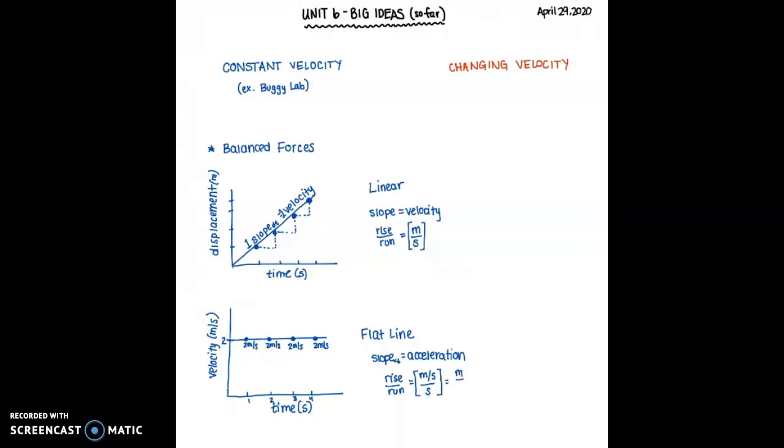Or this simplifies to meters per second squared, our units for acceleration. Notice here on our flat line graph, our slope is 0, so our acceleration is 0, meaning our velocity doesn't change.